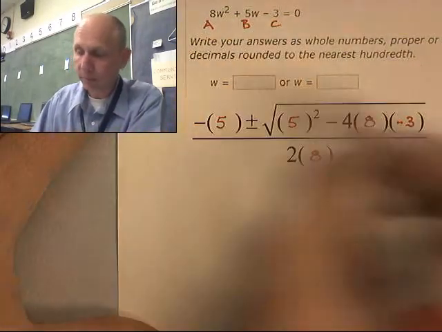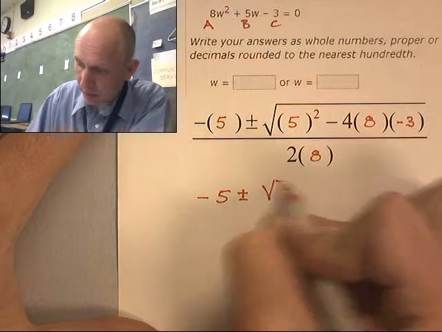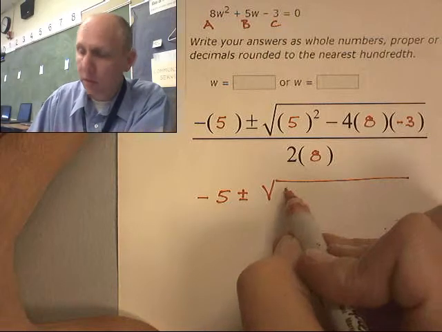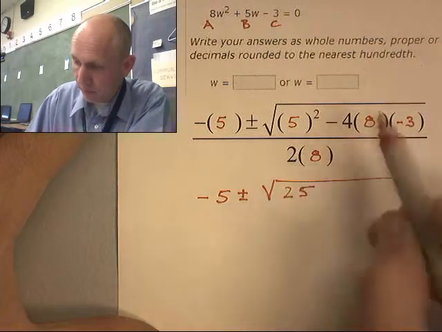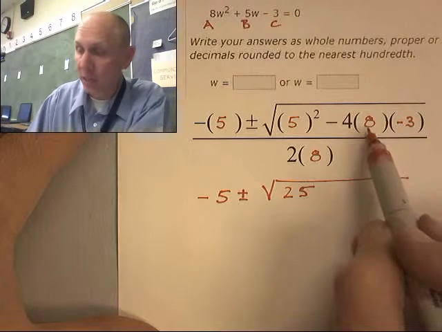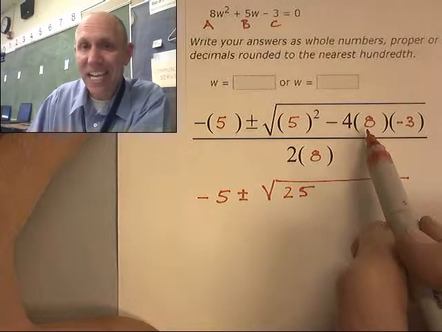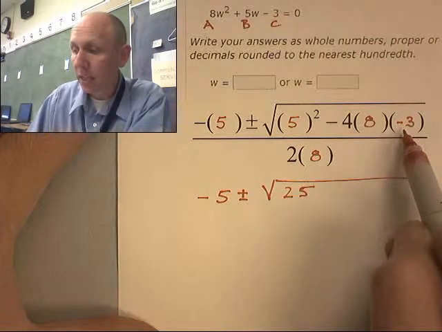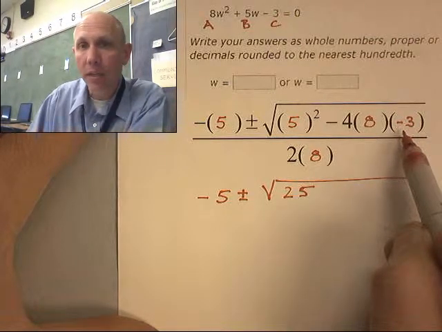Negative 5 plus or minus the square root. What is 5 squared? 25. What is negative 4 times 8? Negative 32, times negative 3. 32 times 3 is 96.